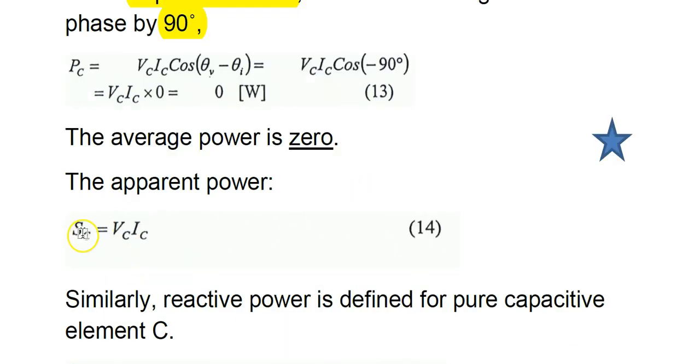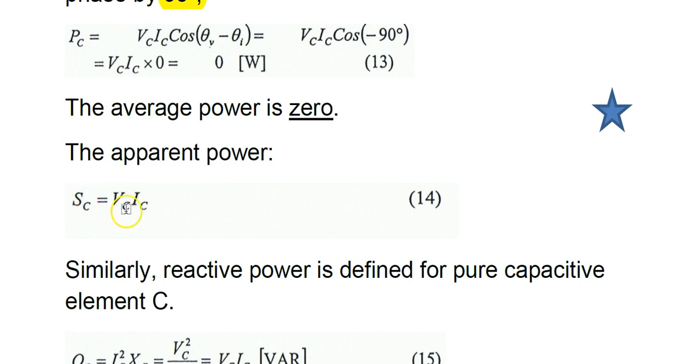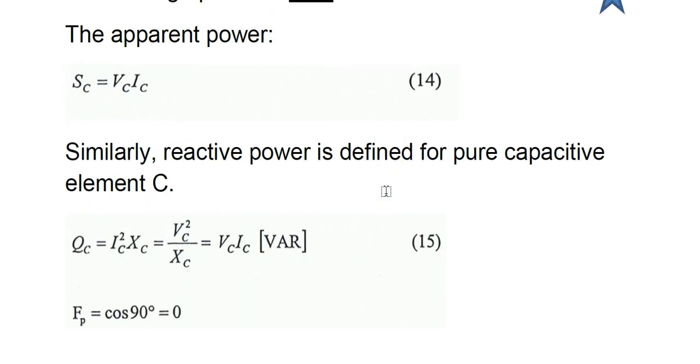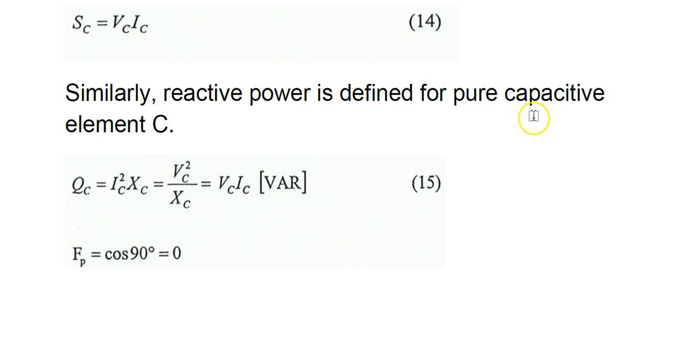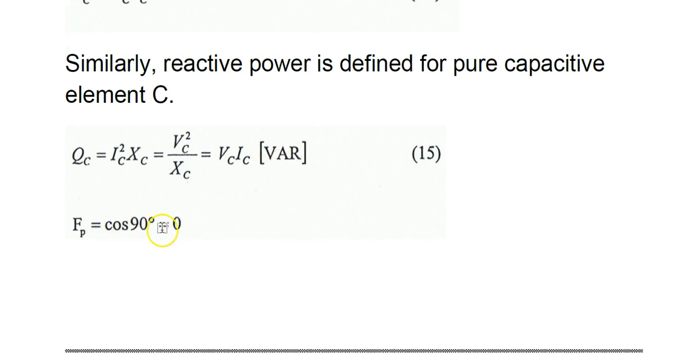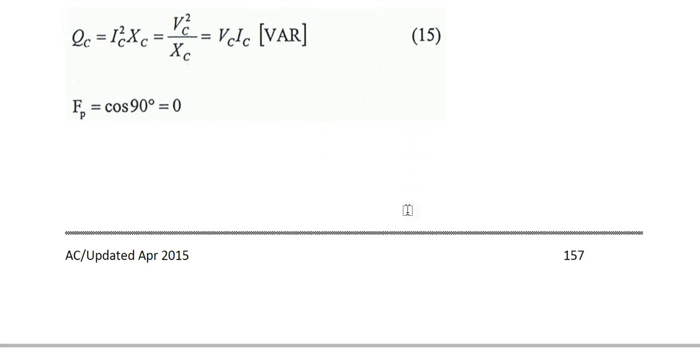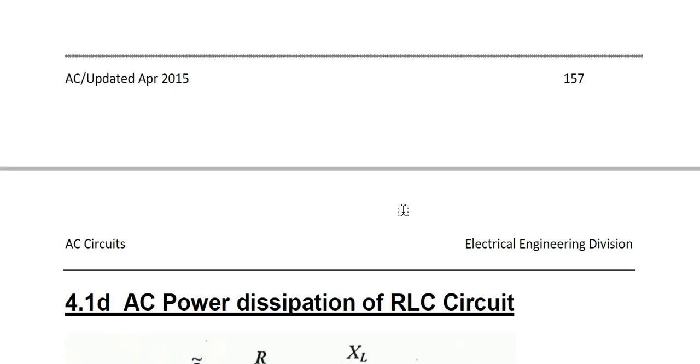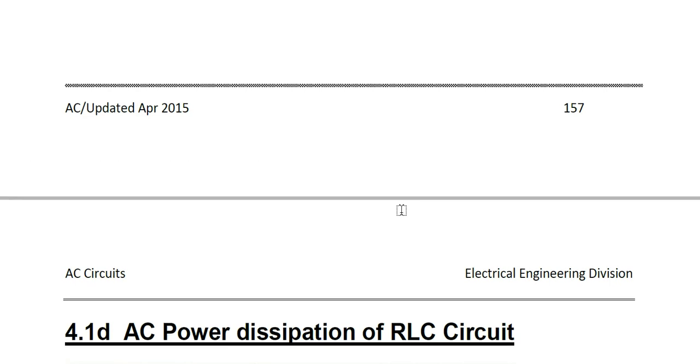And the apparent power can be calculated as SC equals VC times IC. Similarly, the reactive power we define as QC. Reactive power for capacitors, QC, is equal to IC squared times XC, equal to VC squared over XC, or VC times IC. And the power factor is cosine minus 90 degrees, so it's also 0. So only a purely resistive circuit will have dissipation of power.